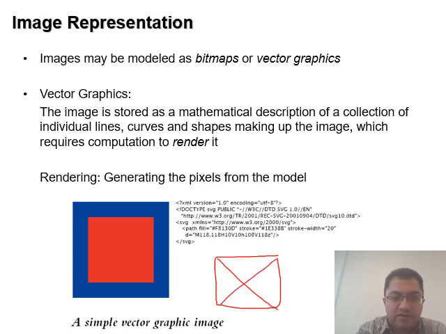This is one diagonal, this is the other one. Let's call it the center of that square. So let's store the center, which is represented with an x and y value.